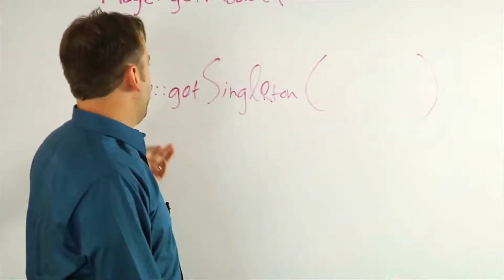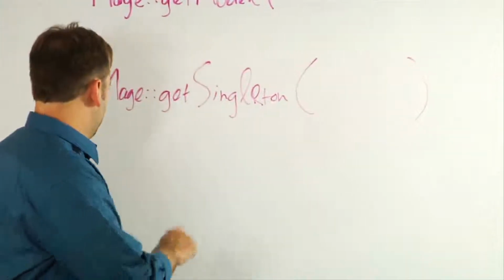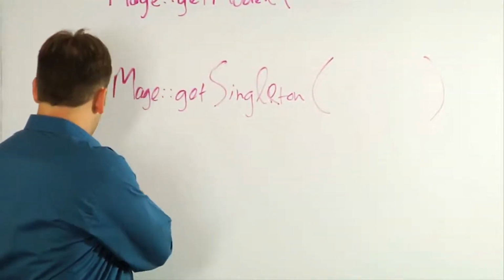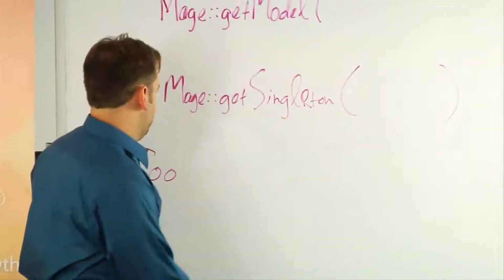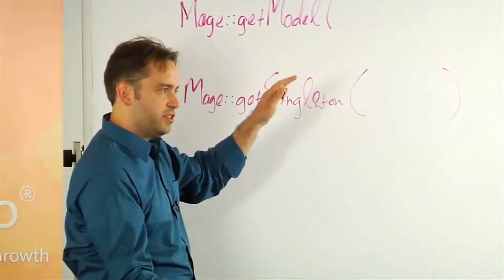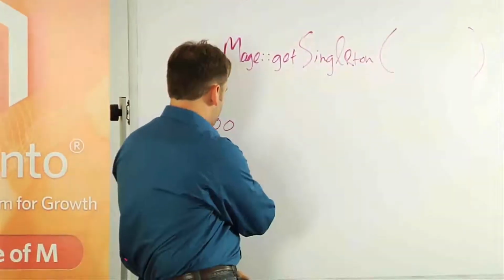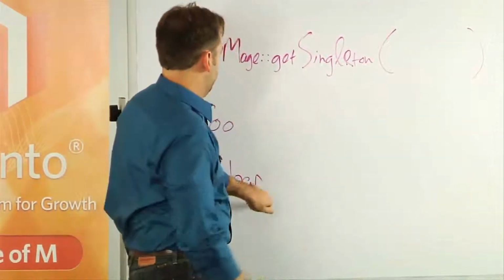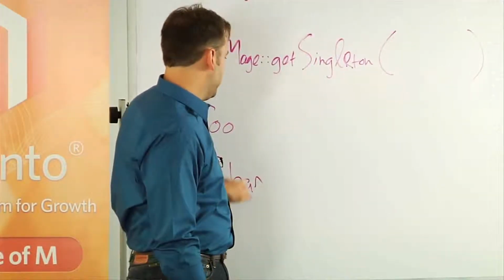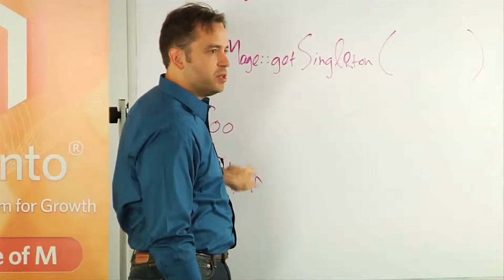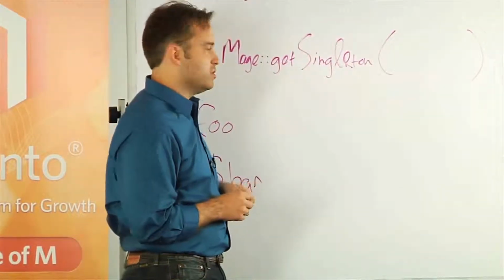So if I say Mage get singleton catalog product, and I assign that to some variable foo, and then later on I say Mage get singleton catalog product in the same request scope or execution scope, and assign that to bar, anything I do here, basically these two will always be equal because they're just references.